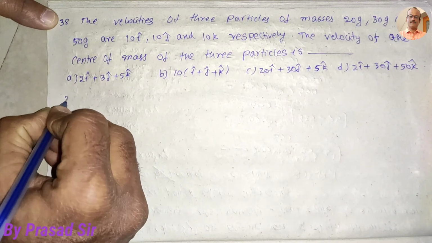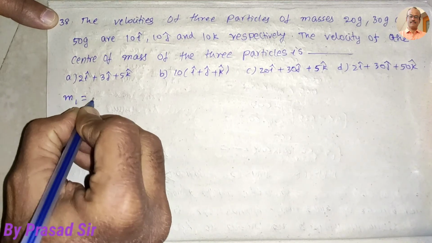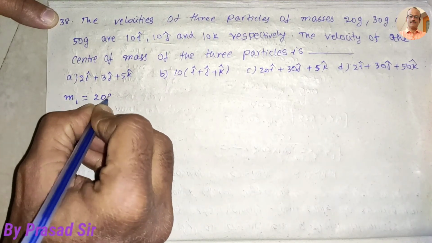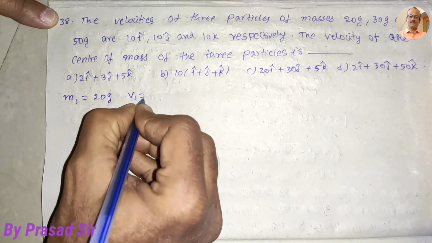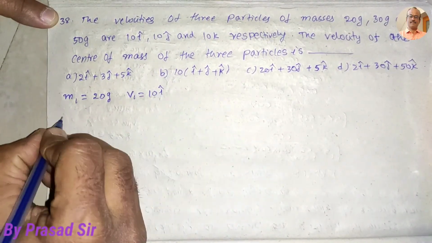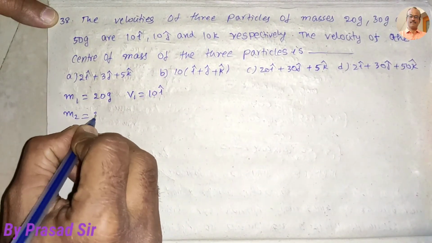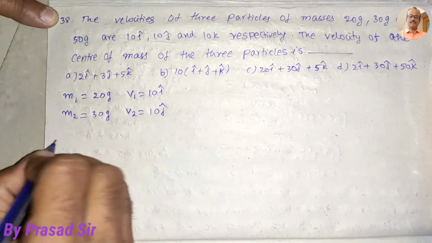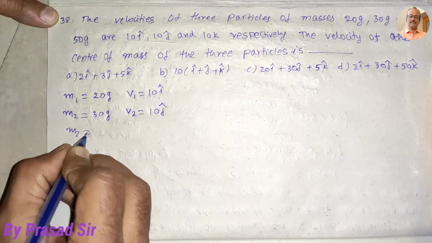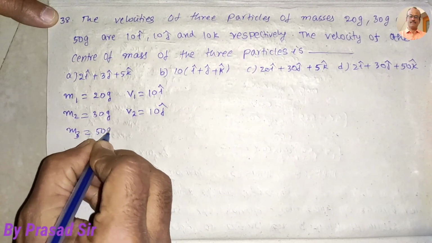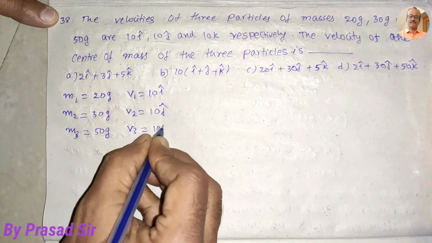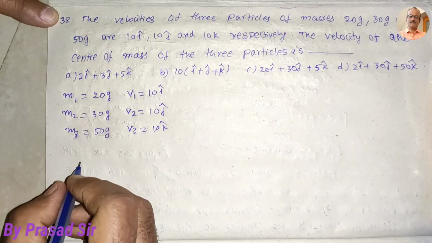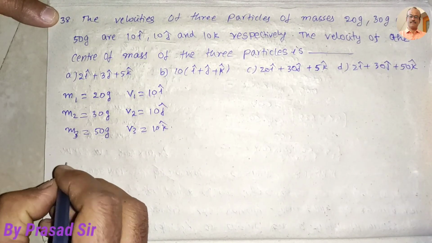Mass m1 is equal to 20 grams and velocity v1 is equal to 10 i cap, mass m2 is equal to 30 grams and velocity v2 is equal to 10 j cap, and mass m3 is equal to 50 grams and velocity v3 is equal to 10 k cap. But here we want to calculate the velocity of the center of mass.